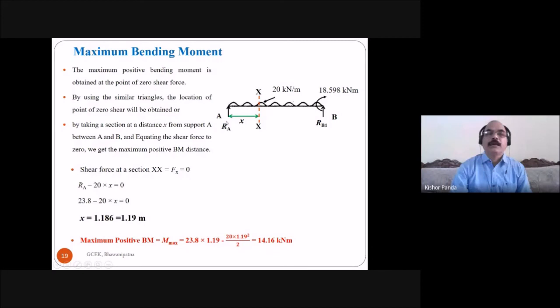So 23.8 into 1.19 minus, due to this load, 20 into 1.19 into 1.19 by 2, that is 20 into 1.19 square by 2. Then after simplification, you will get the maximum positive bending moment of span AB, which is equal to 14.16 kilonewton meter.